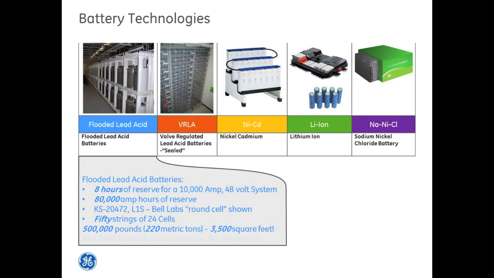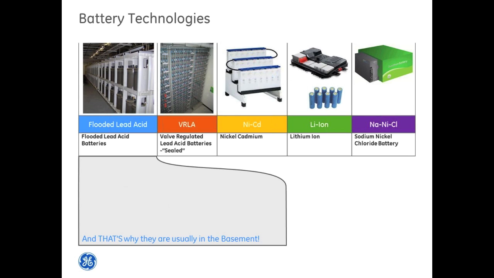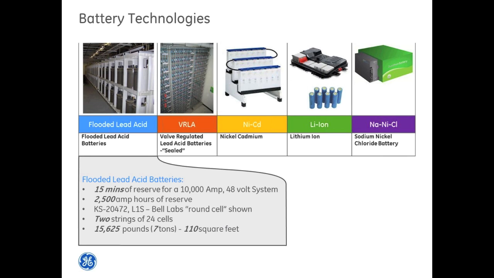That's 500,000 pounds or 220 metric tons of battery. And they take up 3,500 square feet even when they're stacked too high. That's why they're usually in the basement, because if you put them somewhere else, they're going to end up in the basement.